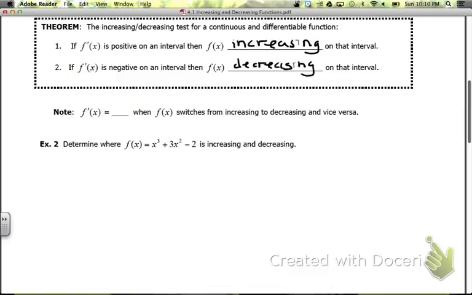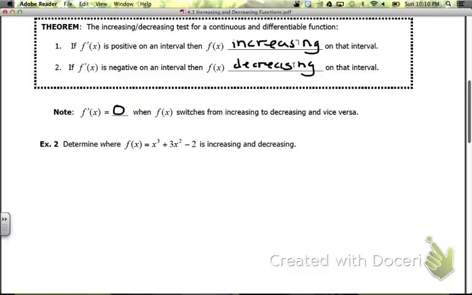Also note that if f prime of x is equal to 0, this happens when f of x switches from increasing to decreasing and vice versa. We know from looking at our extrema in our last unit that we could find the derivative and set it equal to 0 because our tangent line would be 0 at that point.